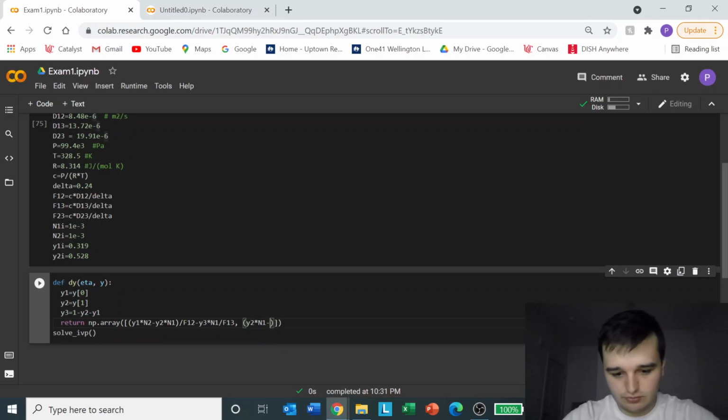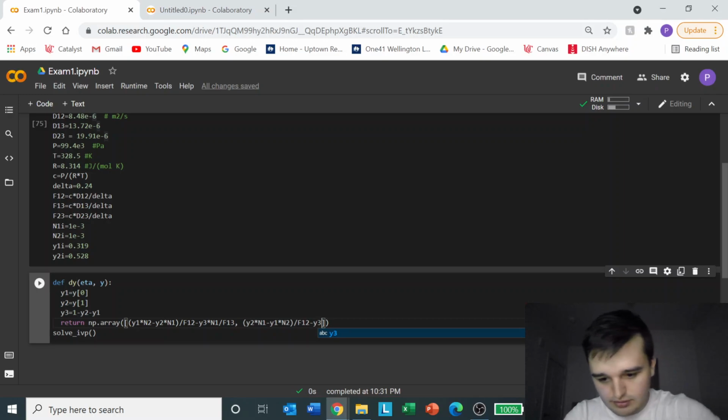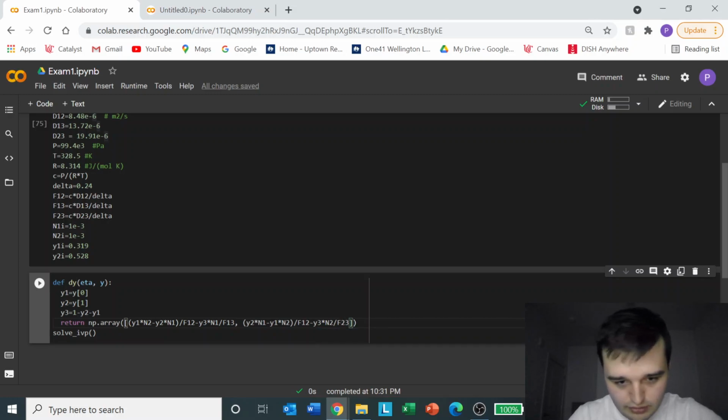And then minus y1, mole fraction of 1, times n2, and get out of the brackets, over F12 again. Remember, F12 is F21, just the same as D12 is the same as D21. And then minus y3 again, times n2 this time, and those are over F23.